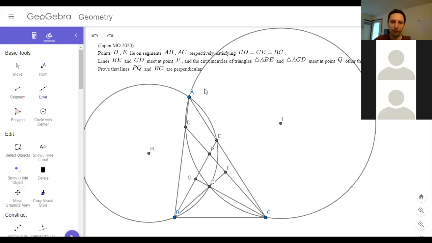So let's see, angle BAQ is half of angle BHQ, or BAQ is the same as BEQ.